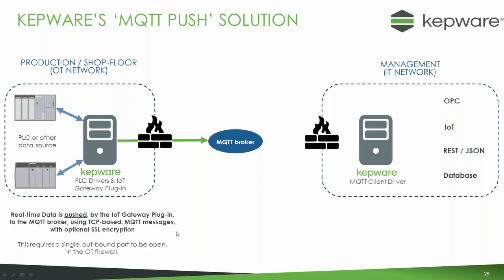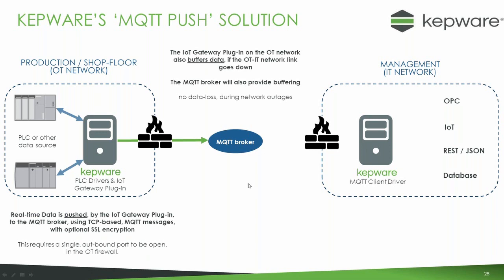The way that works, it can employ SSL encryption, so that can be a very secure way of passing data across this firewall on the OT end, and that firewall has no inbound ports open. The MQTT broker itself would have the ability to buffer data, but also the IoT Gateway plugin, as I mentioned before, also has an element of buffering inside it.